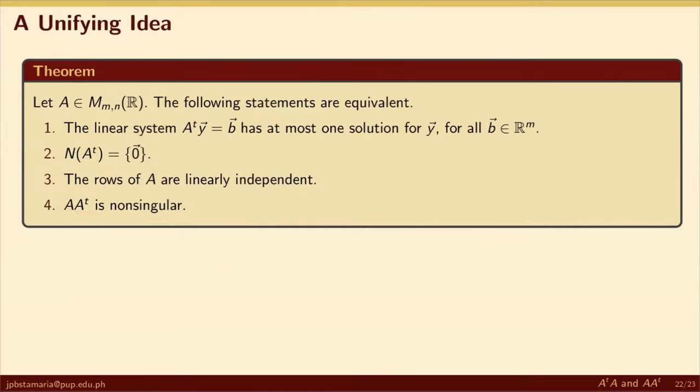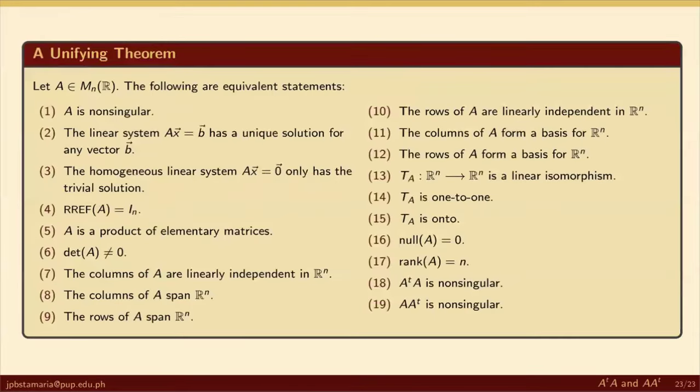And we therefore have added two more statements doon sa ating unifying theorem. So far, to conclude this lecture, these two statements are now added in the list. So the non-singularity of A is equivalent to the non-singularity of the magic matrix A transpose A.